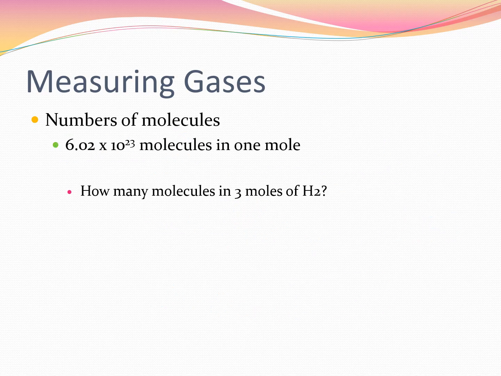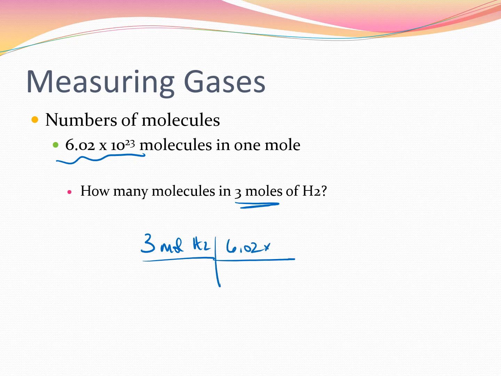We can also measure the numbers of molecules in a sample. Remember that Avogadro's number tells us 6.02 times 10 to the 23rd molecules in 1 mole. So how many molecules if I've got 3 moles of hydrogen gas? Well, 3 moles of hydrogen gas, and we know that there are 6.02 times 10 to the 23rd molecules in 1 mole, because Avogadro's number tells us so. Moles top and bottom cancel out.